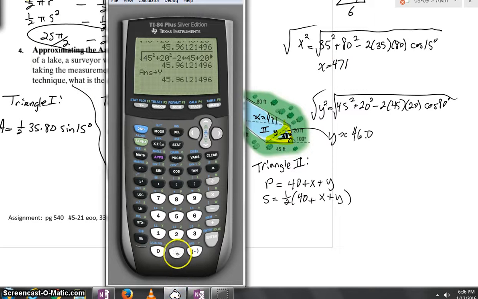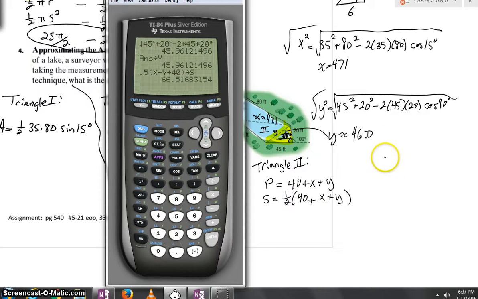So real quickly now what you can do is take 0.5, type in X plus alpha Y plus 40. I went a little bit out of order. Perimeter, of course, is going to be the same thing. You can immediately even hit store and hit alpha S. And right now we've got the semi-perimeter stored.